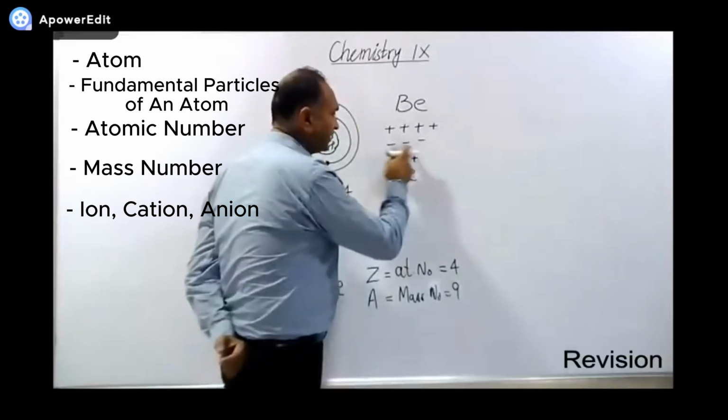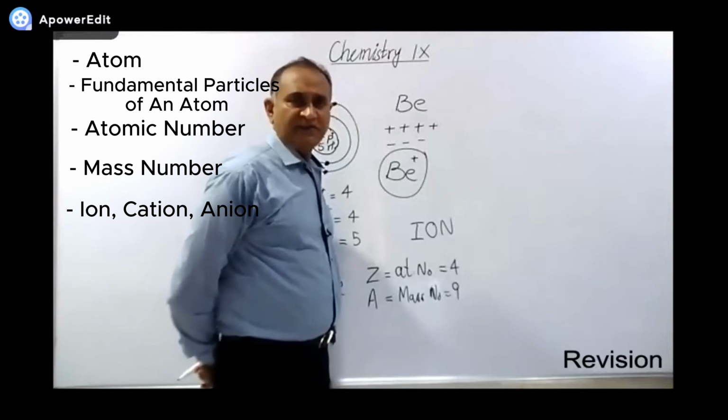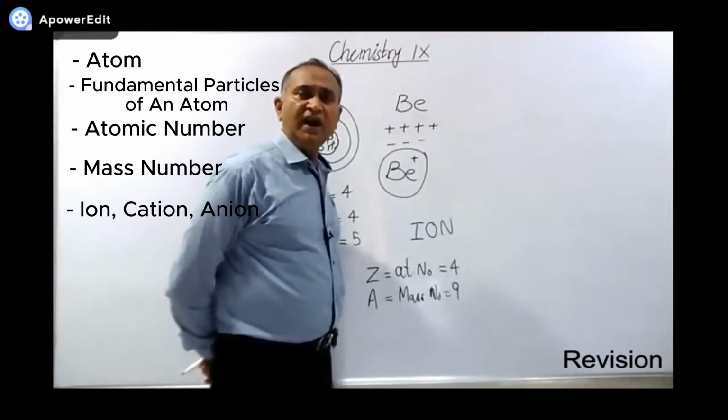So when you see a charged atom, we simply call it an ion. So what is an ion? If you see a charge on an atom, then that charged atom is technically called an ion.